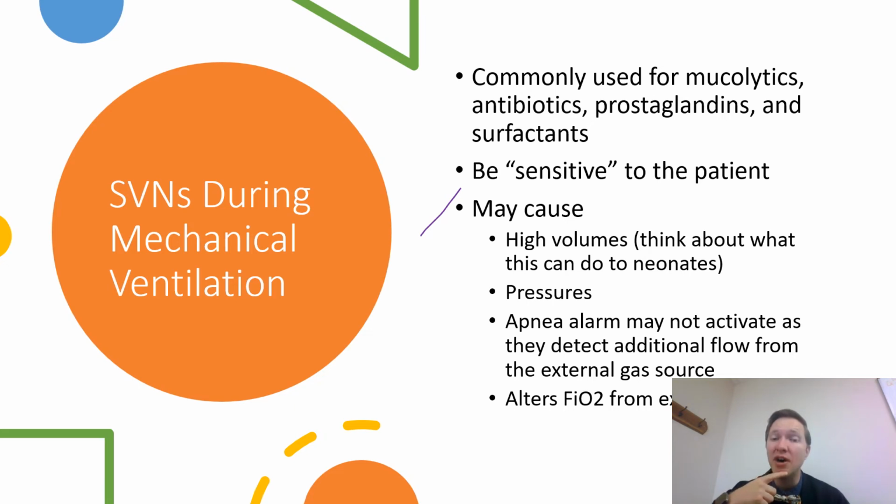And so now it knows there's extra flow added to the circuit, so it doesn't have to worry about the sensitivity. It knows there's extra flow, and therefore you don't have to worry about the patient being unable to trigger a breath or working harder to trigger a breath. So be aware if there's a neb mode and you use small volume, pneumatic powered nebs, that's something to utilize as well if you can.